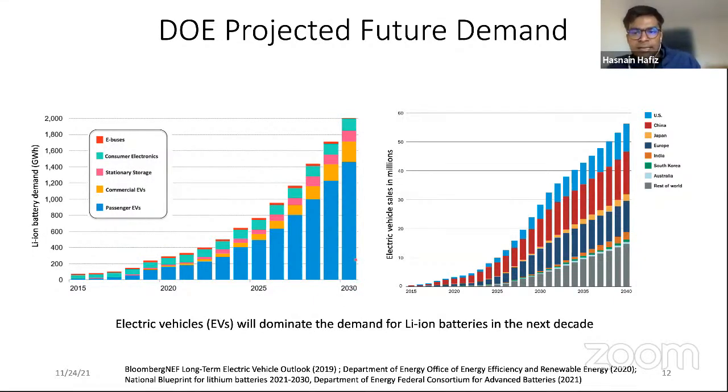And the consequent cells in electric vehicles will also rise exponentially globally, as analyzed by the Department of Energy's Federal Consortium for Advanced Batteries. This suggests that the next generation batteries will need to store a lot of energy, and we need new strategies to increase the energy density of electrode materials.